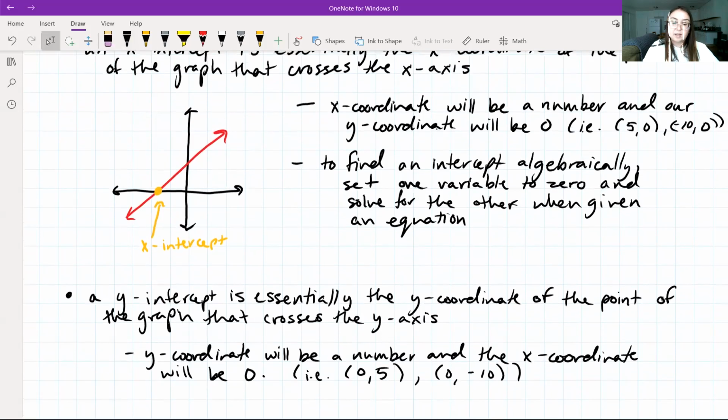And it's the same thing to find the intercept algebraically: in order to find a y-intercept, you would set x equal to 0 and solve for y. And to find an x-intercept, you would set y equal to 0 and solve for x.